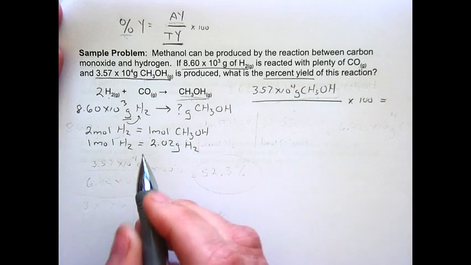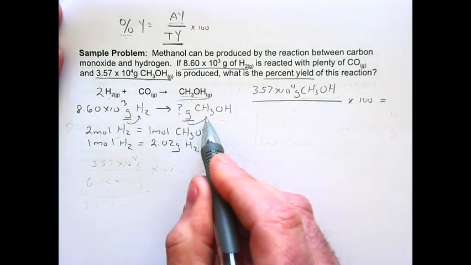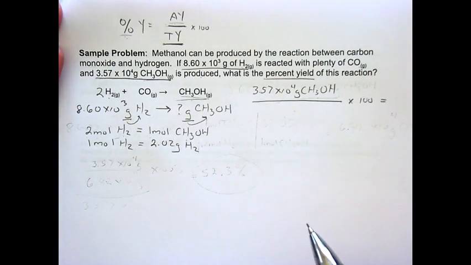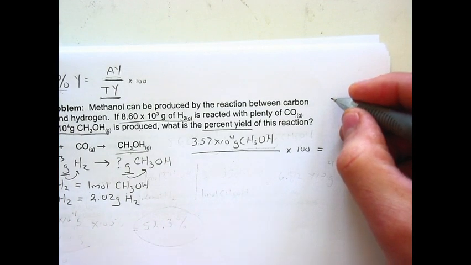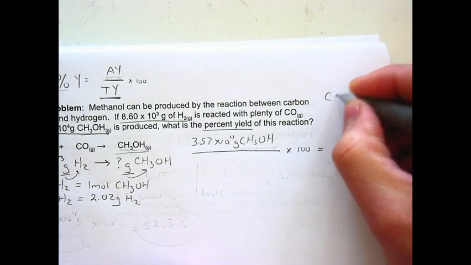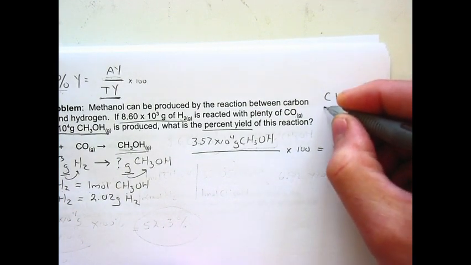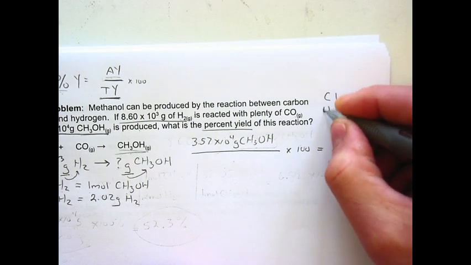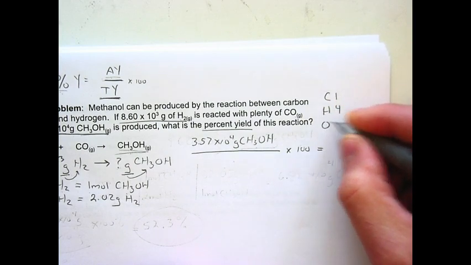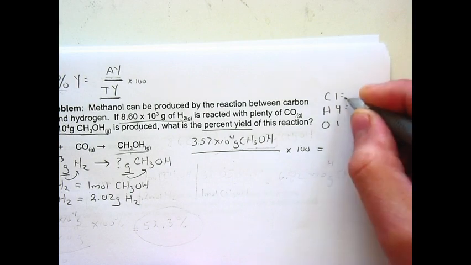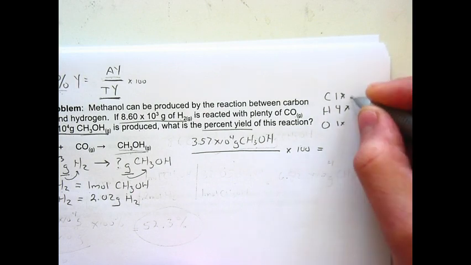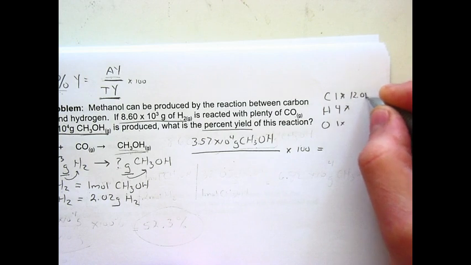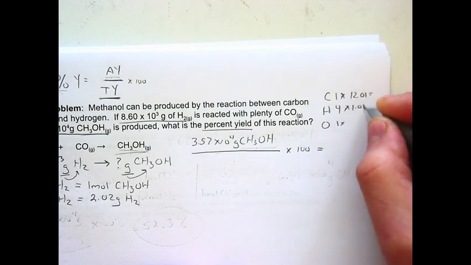We also now need to have, since that's grams, the molar mass of methanol. Well, figuring that out over here, where we have some space, we have 1 carbon, we have 4 hydrogens, and we have 1 oxygen. So those are times the average atomic mass, 12.01, 1.01 and 16.